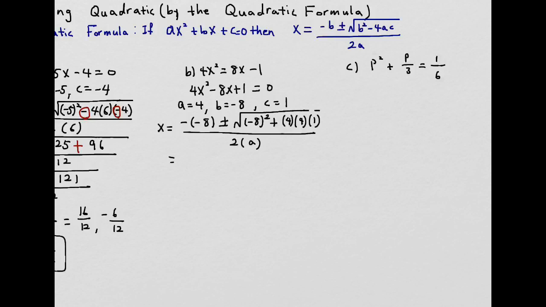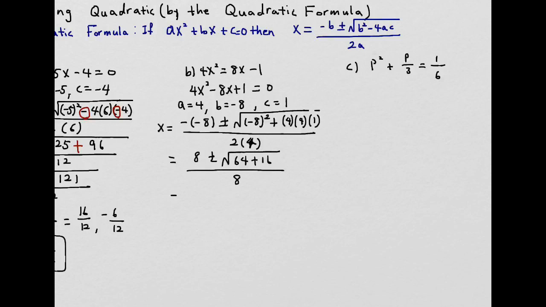Which when you simplify, you get 8 plus minus square root of negative 8 squared, which is 64, and then this is going to be positive, and 4 times 4 is 16, all over 2A. Your A was 4, right? So this is 4, so then this is going to be 8.